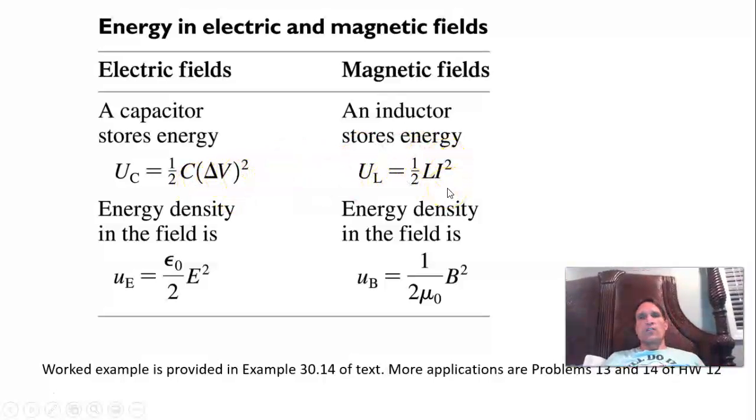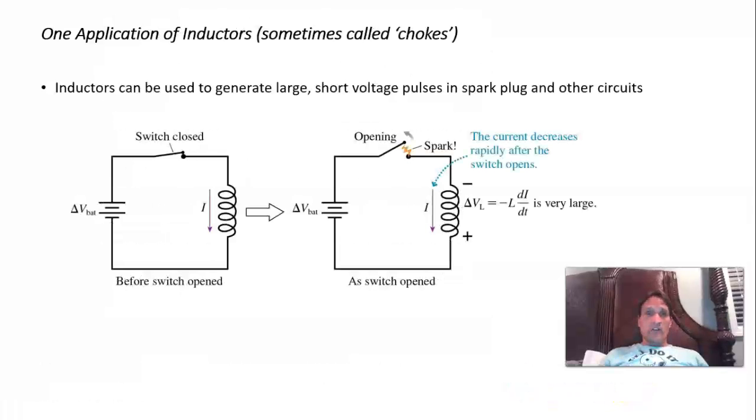So an inductor stores potential energy equal to 1/2 L I squared. It behaves a lot like a capacitor. It stores energy, only it's stored in the magnetic field instead of the electric field. I encourage you to work out example 30.14, and there are more problems on homework 12 related to this.